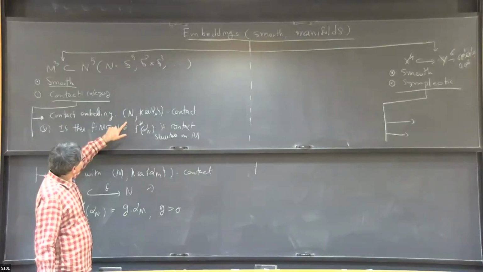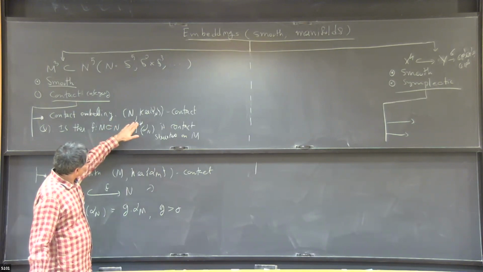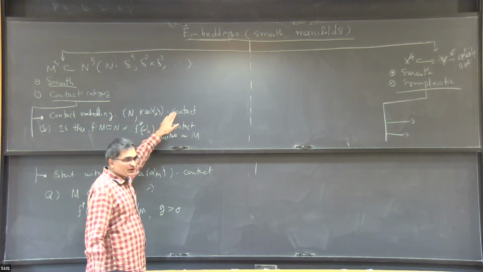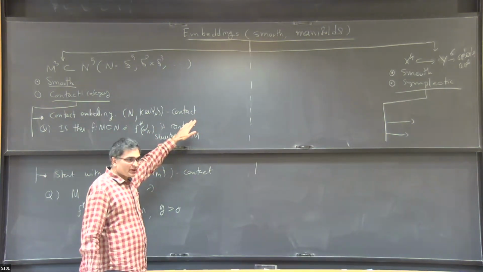I must also say that this contact embedding, even in codimension 2, follows the h-principle: if you have a formal contact embedding, then you actually have a contact embedding.